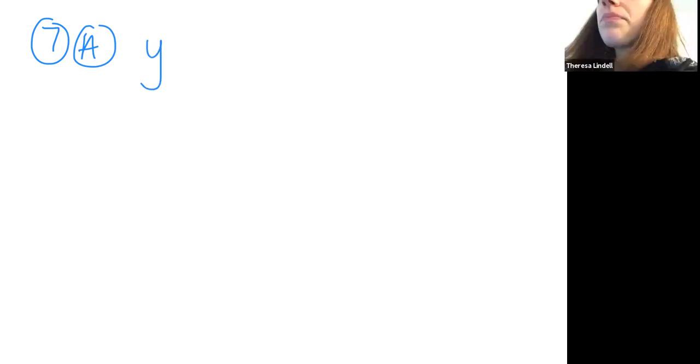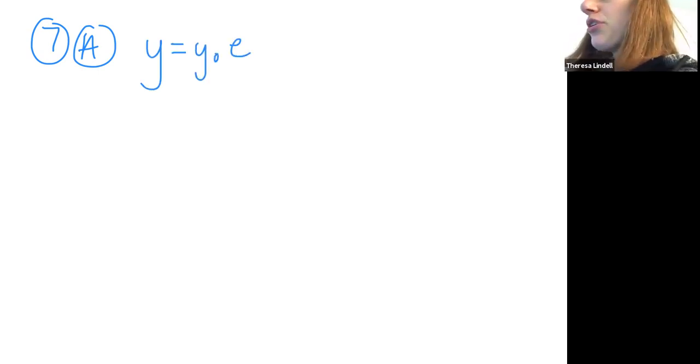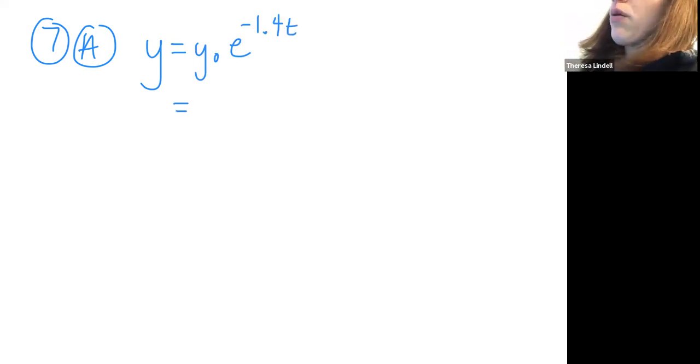Number 7, part A, I think everybody got, because you're just supposed to... Oh, you didn't? Okay, then let's do that one. Basically what you're supposed to do is use an original amount that's your choice. You could use like 1 gram.